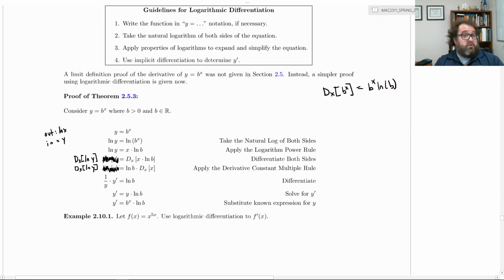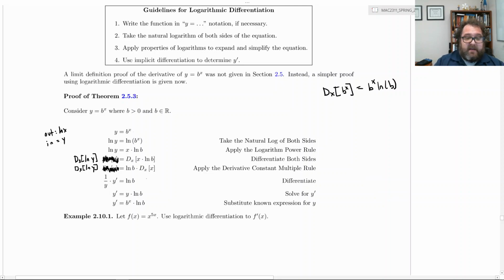You compose natural log of x and y to get natural log y. So you take the derivative of the outside function, that's 1 over x. You evaluate at the inside function, so you get 1 over y. Then you multiply by the derivative of the inside function, so you get 1 over y times y prime for the entire derivative of the left-hand side.